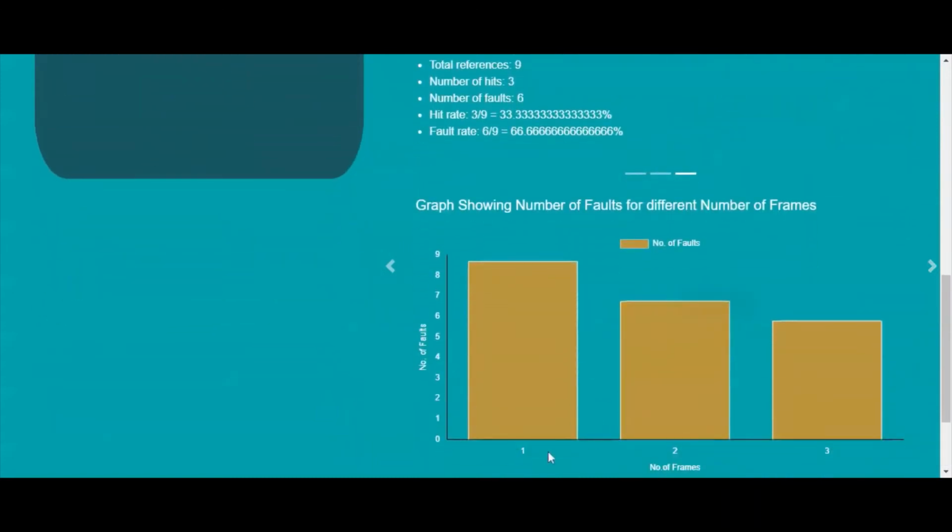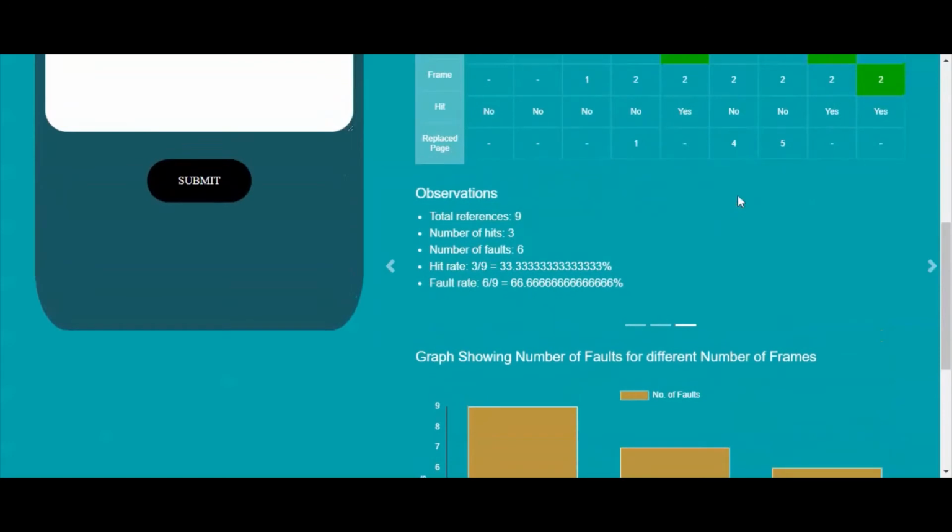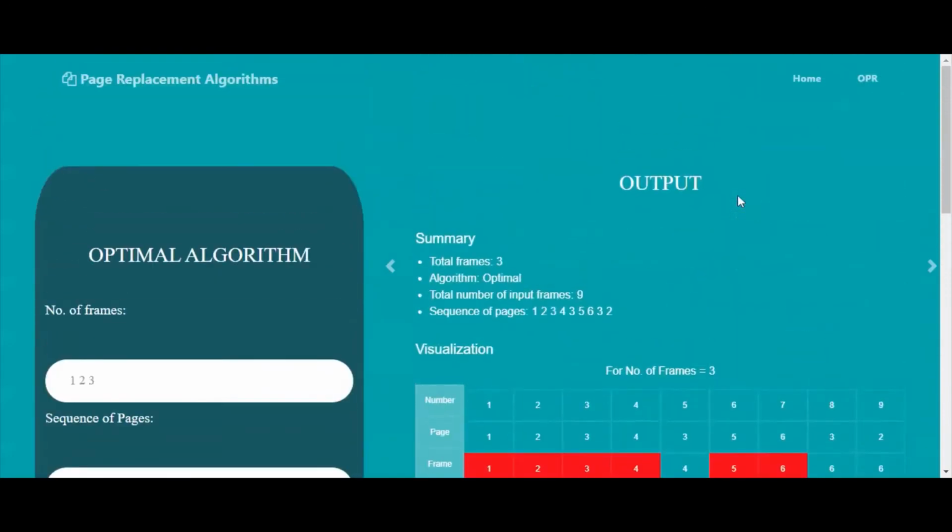As you can see, with an increase in the number of frames, as expected, the number of faults has decreased. So the number of faults is 9 here, then 7, and then 6 for the same input string.